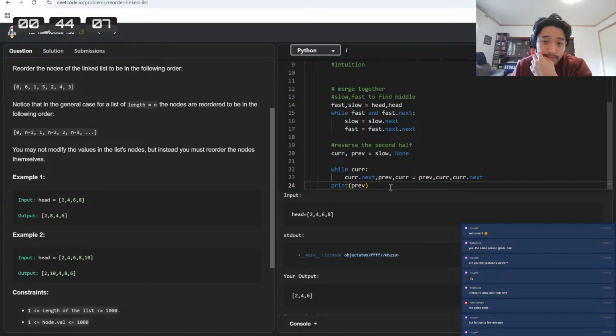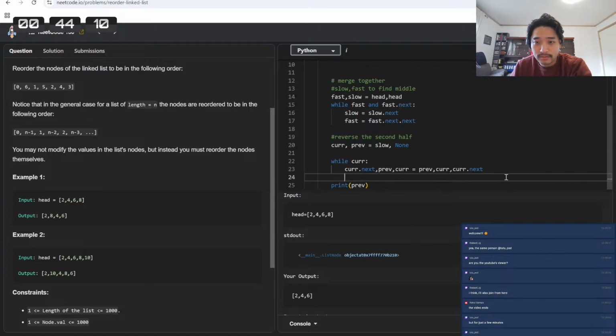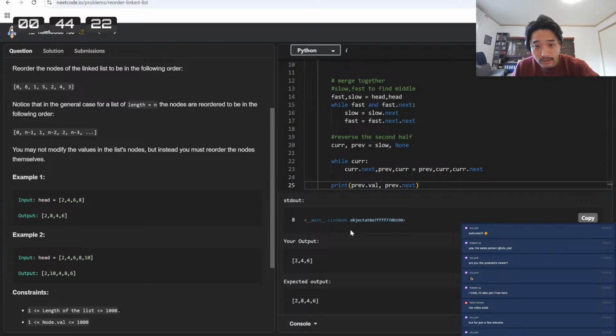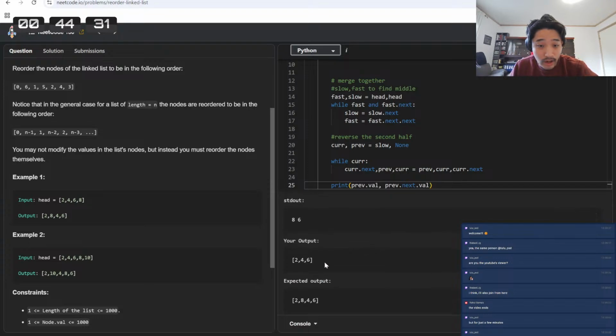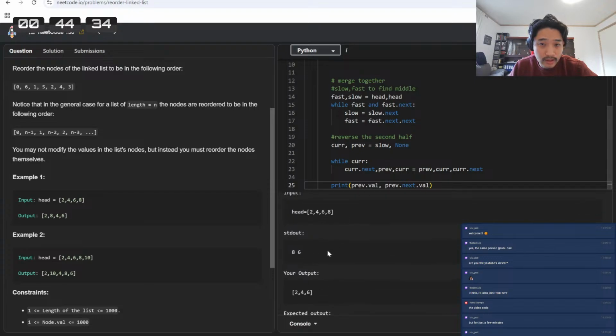Yeah, I assume so. 8 and 6. It looks promising. So now we merge them.